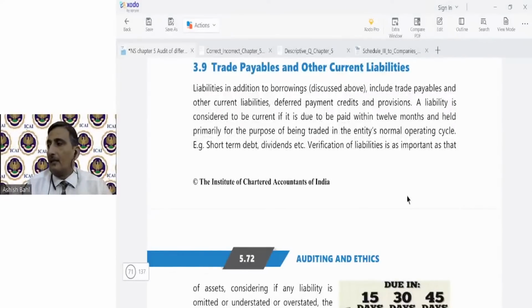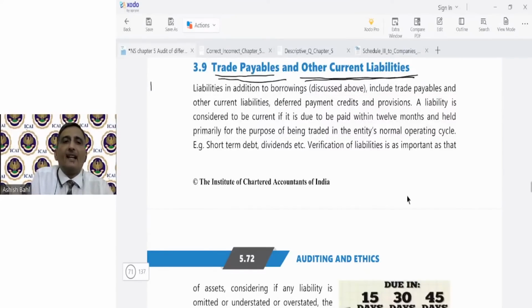Trade payables and other current liabilities. So this is a liability side item, students.